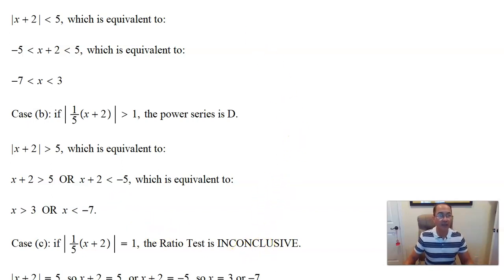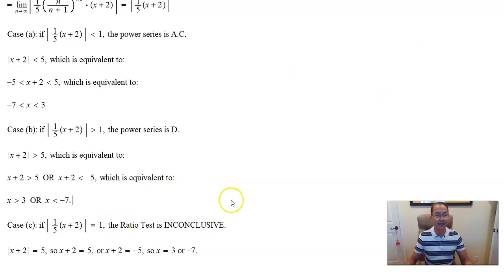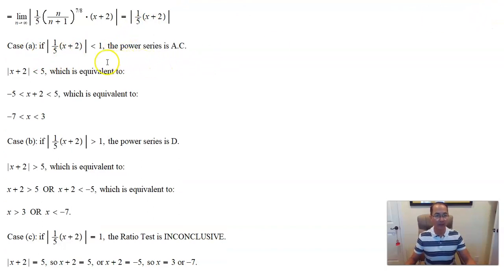Okay, so you know what? Let me shrink this a little bit. Let's go to 150, so that we can see the whole picture. Yeah, there we go. First possibility, that ratio that we got is going to be smaller than 1, in which case the series is absolutely convergent. For this to happen, x has to be between negative 7 and positive 3.